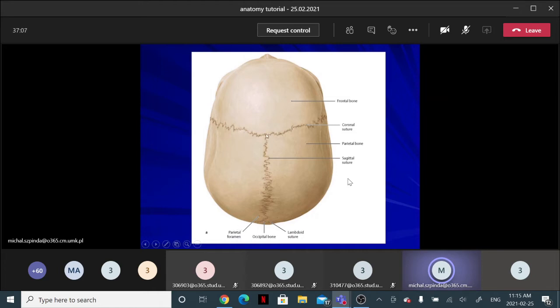The 2 parietal bones are joined by the sagittal suture, because the sagittal suture is extremely dentate. We can find here even small separate bones, the so-called Wormian bones.